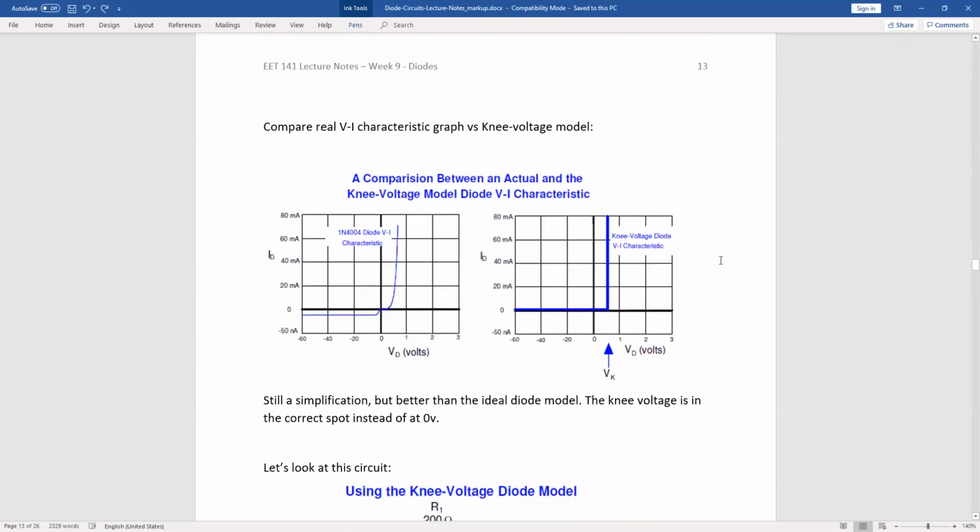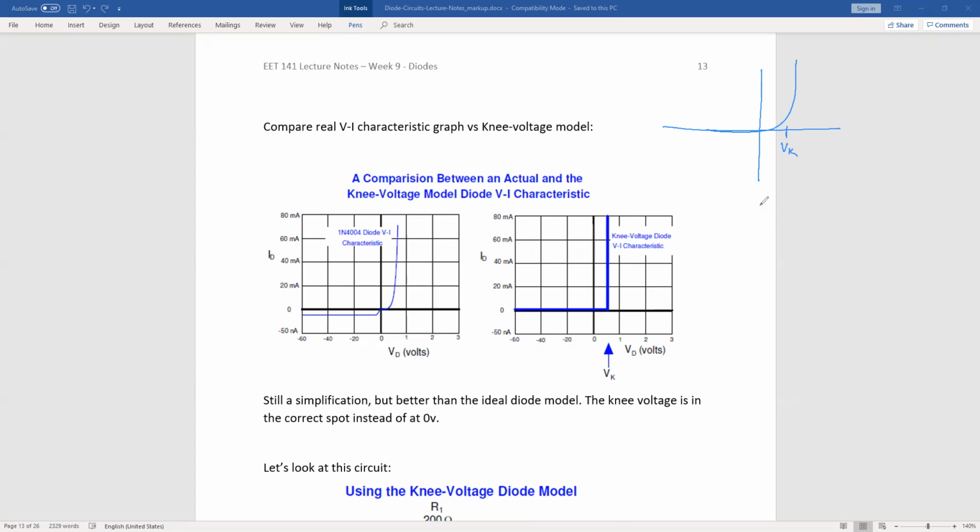Okay, so using that knee voltage model gives us a slightly different VI curve, and this more closely matches up with the real life curve. So for real life, we have this curve that has a bit of a bend here where the knee voltage is.